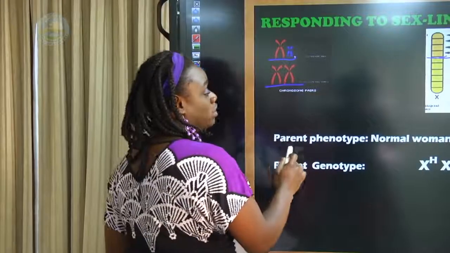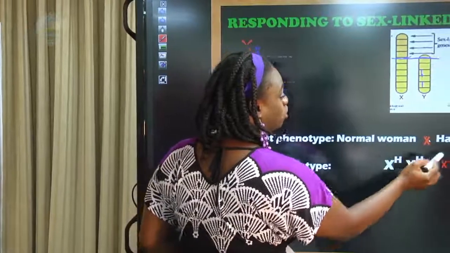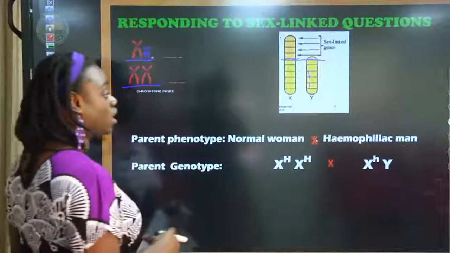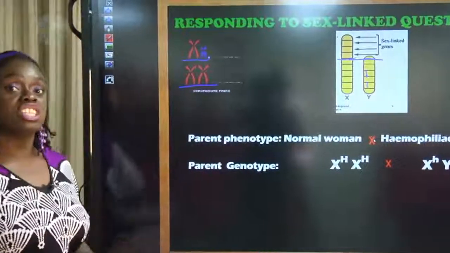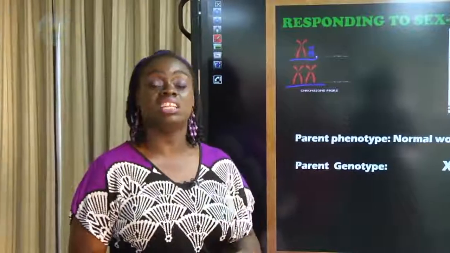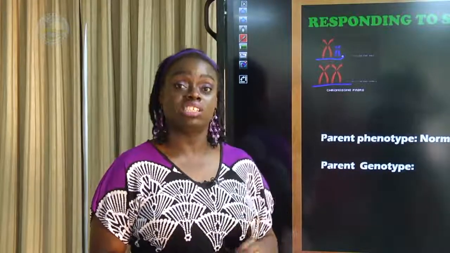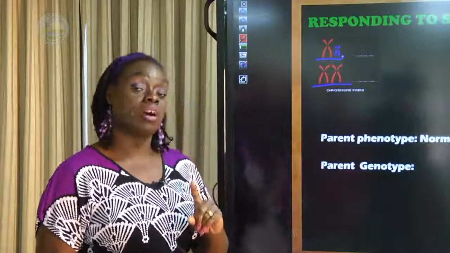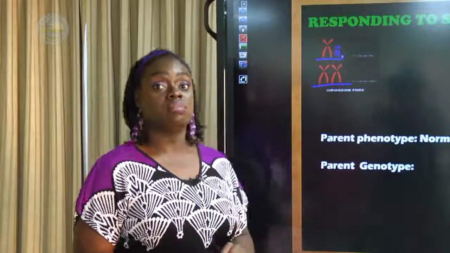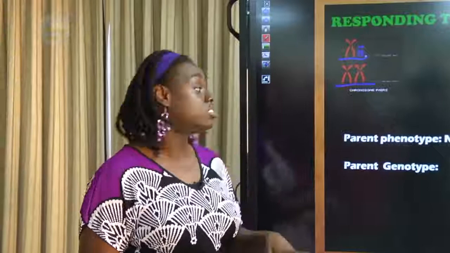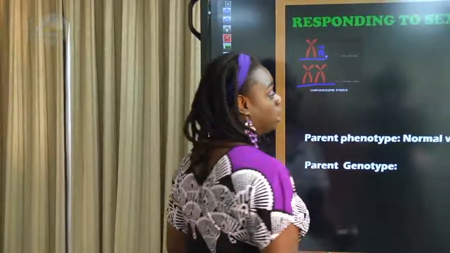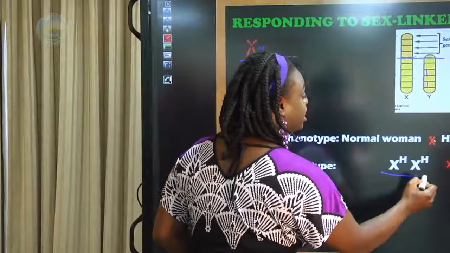So for the parents' phenotype, we have a normal woman crossing with a hemophiliac man. Now, the question did not tell us that the woman is a carrier, meaning that she does not carry the recessive trait. So if she's normal and she's not a carrier, then it means that she's homozygous dominant. So it's capital H, and we must write it like this.